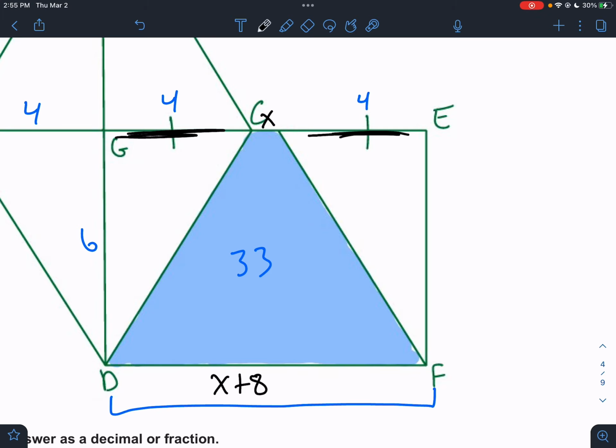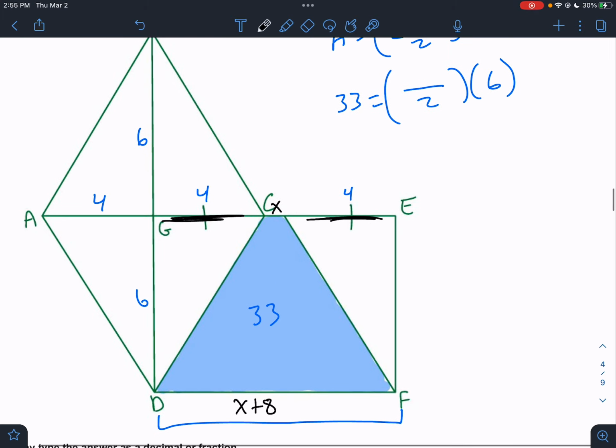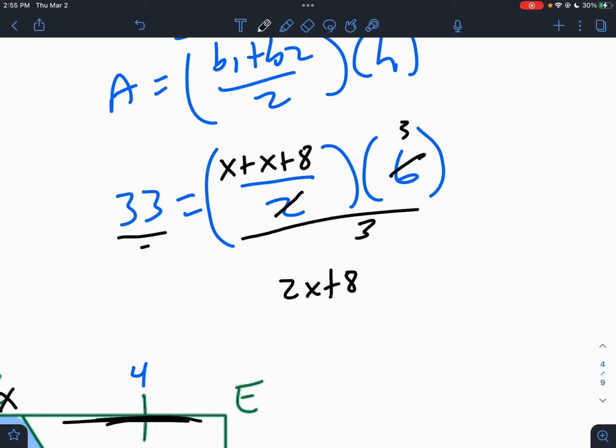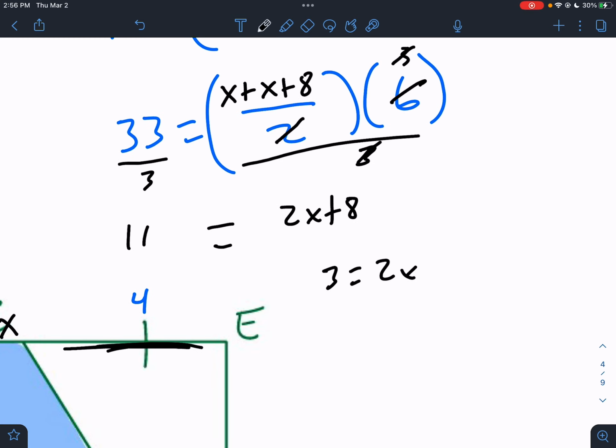So base 1 would be x plus base 2 would be x plus 8. This is our setup. So if I clean this up, 6 divided by 2, this would be 3. X plus x, that would be 2x plus 8. If I divide the 3 over, I get 11 equals 2x plus 8. So 3 equals 2x, x equals 3 halves.